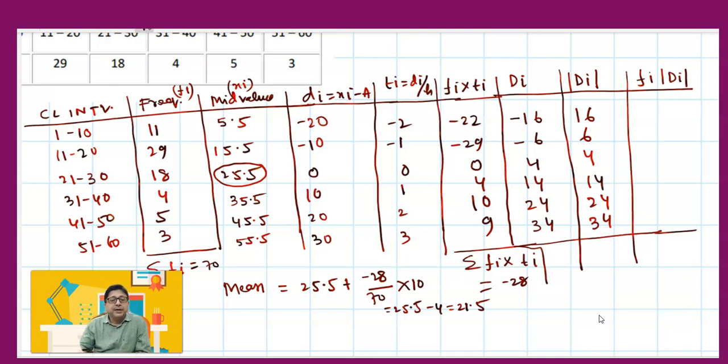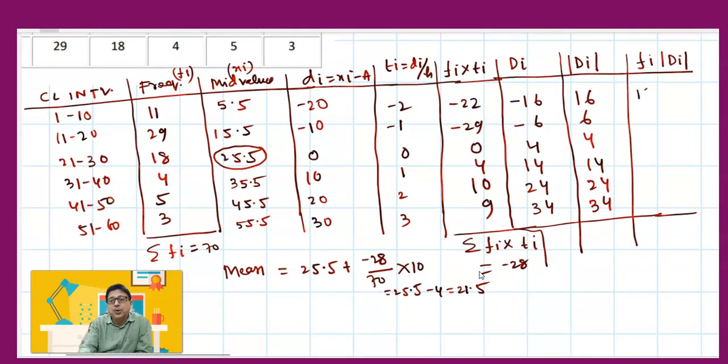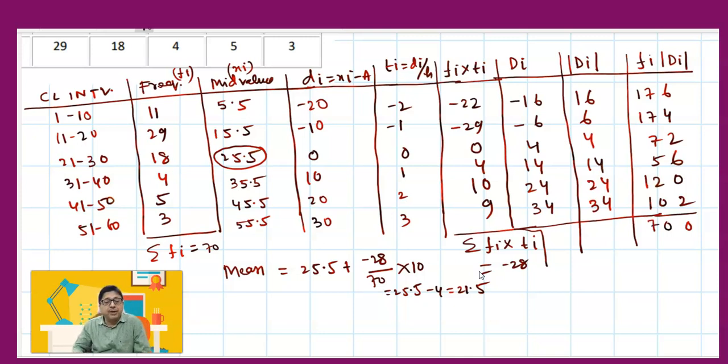Fi into di is going to be 11 into 16, that is 176, 174, and then 4 into 18, 72, then 56, then 120, then 102. This is 700. So fi into di you got.